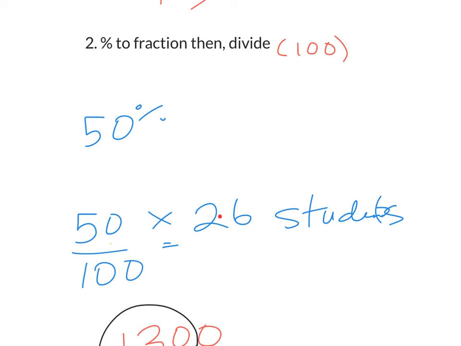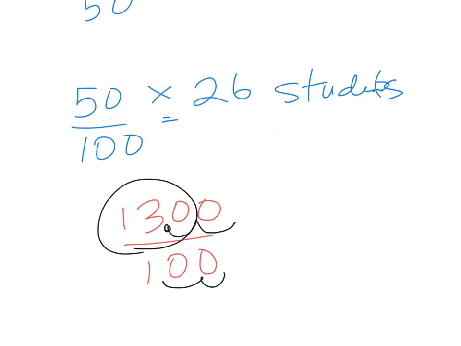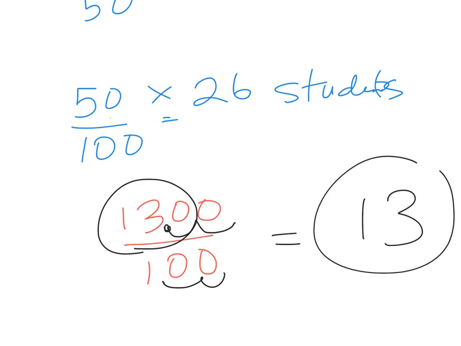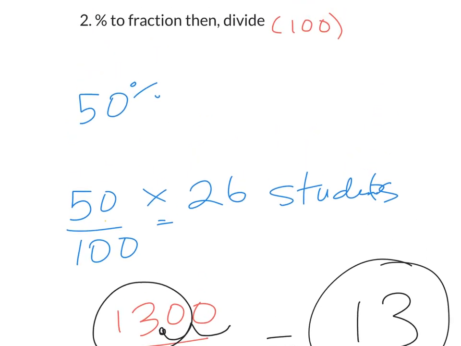Multiply the 26 students so we can get this fraction over here, which turned into 1,300, and then you divide it by 100. And the answer would be, you can even just put it here, answer is 13. It takes some practice to do the second one, but it's well worth it, especially for your summative coming up.